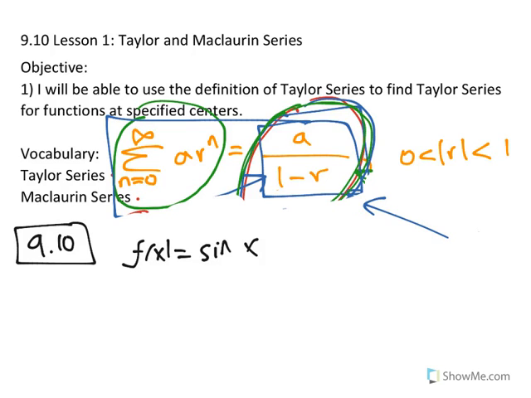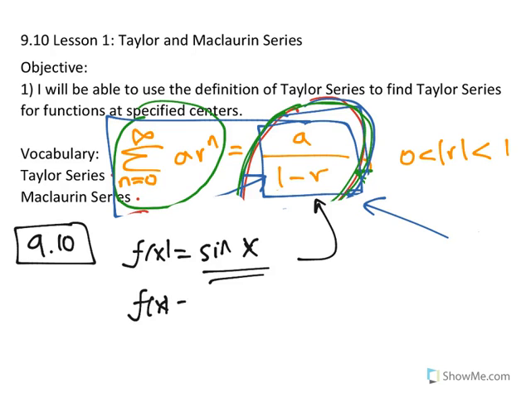We can't find a power series representation for sine x relying on the method from 9.9, because sine x does not look anything like a over 1 minus r, and its derivative is cosine, which does not look anything like a over 1 minus r, and its integral also does not look anything like a over 1 minus r.